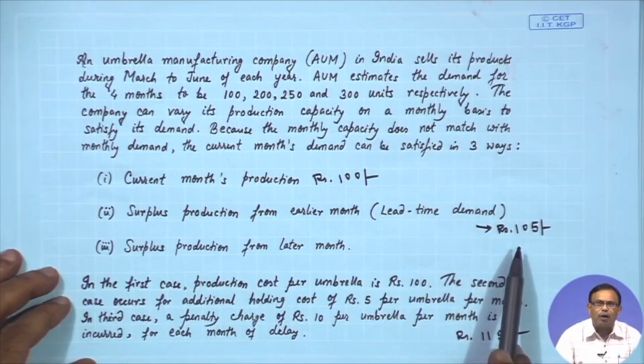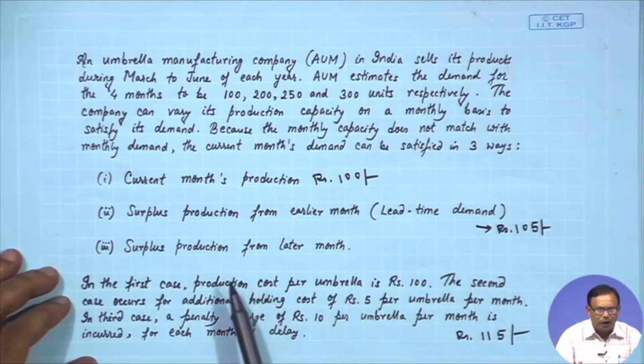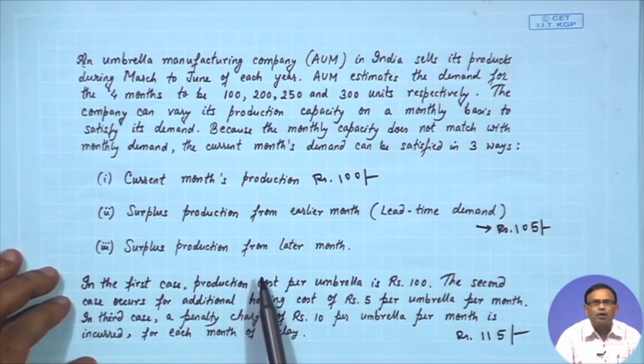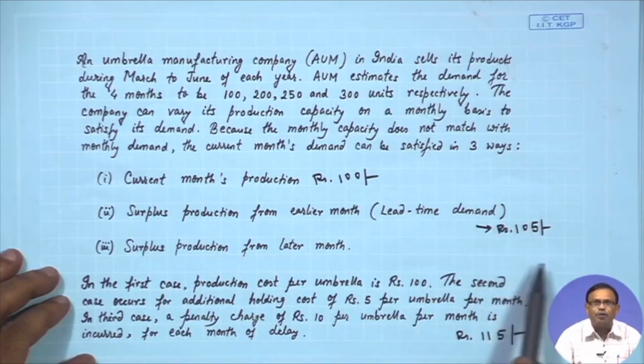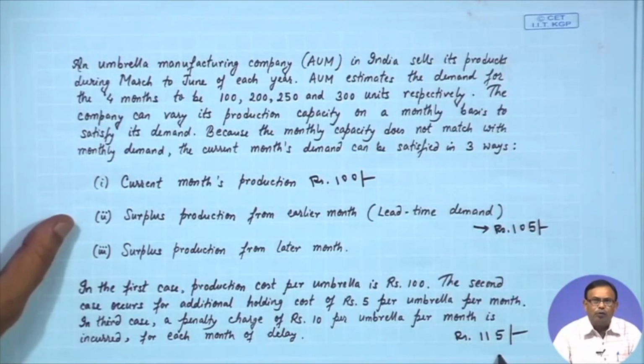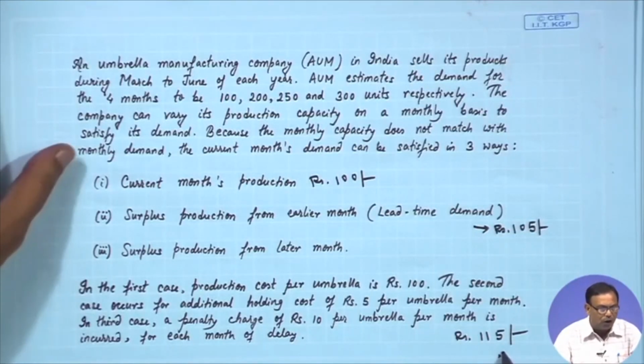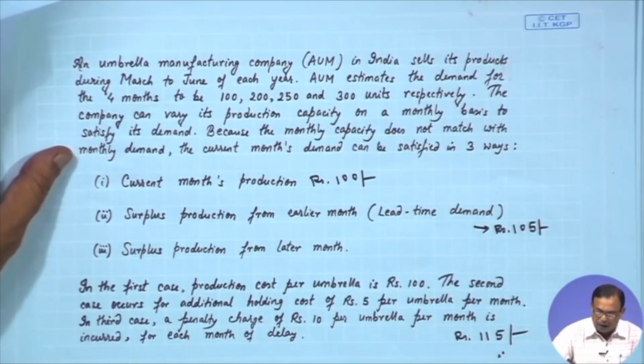So, your original cost was 100 and you are adding rupees 5, so the production cost of the umbrella in this case will be 105. Whereas if you are meeting the demand from surplus production for a later month, you have to pay a penalty. Your cost was 100, plus 5, and plus 10 as the penalty, so the price is 115.